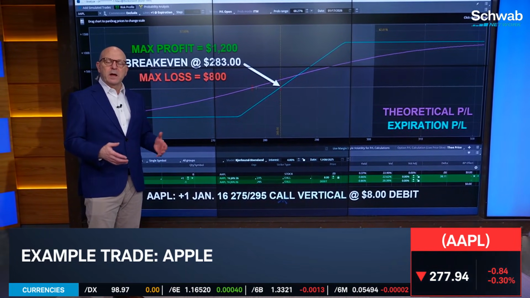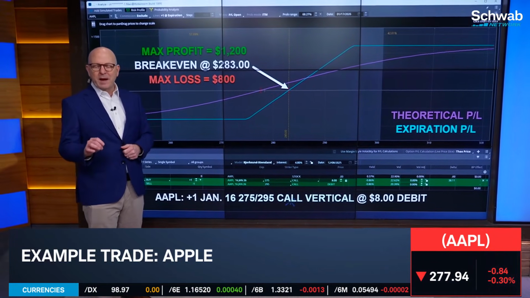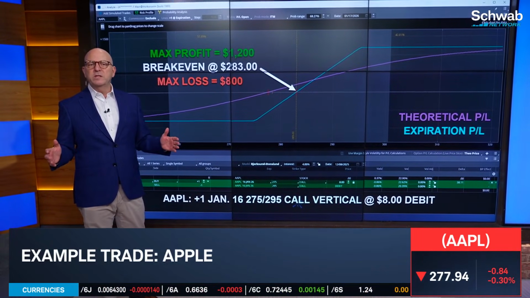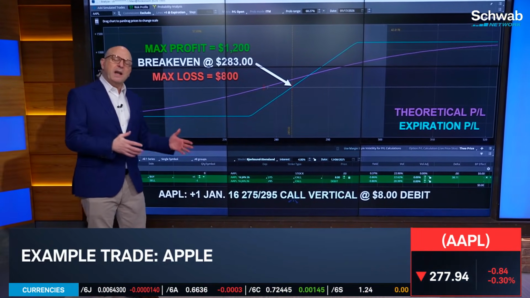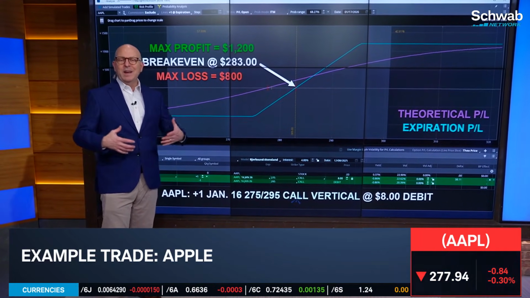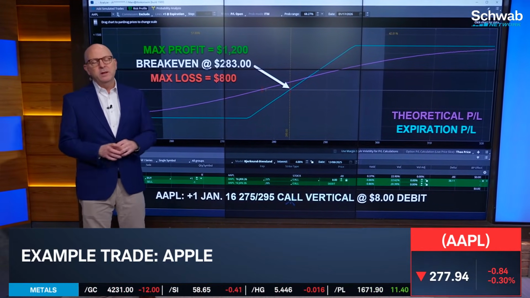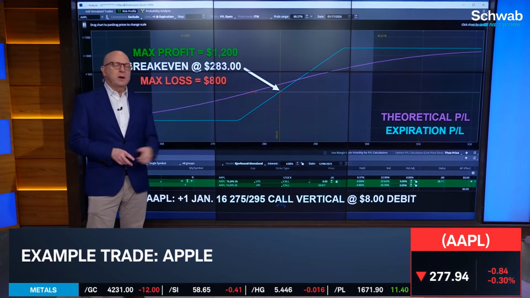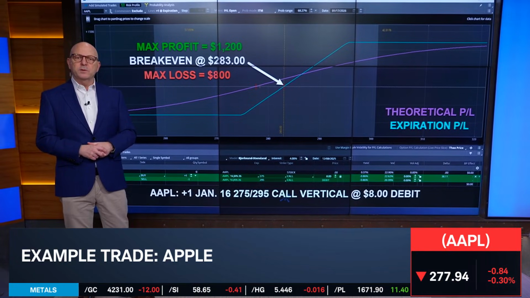But implied volatility levels, the IV percentile rank, is only about 9%. So we're in the bottom 10% of implied volatility levels that we've seen over the last 52 weeks. So buying verticals in a low volatility environment lowers that initial cost and risk on this bullish trade. And you only need less than a 2% move to the upside to get above that break even at 283 on this bullish call vertical.